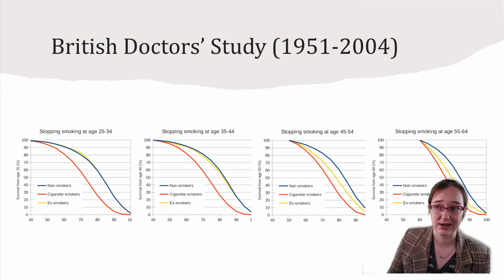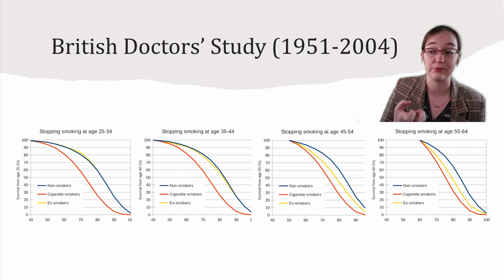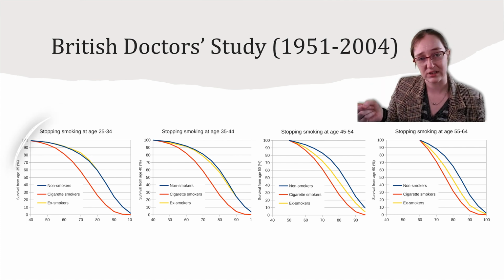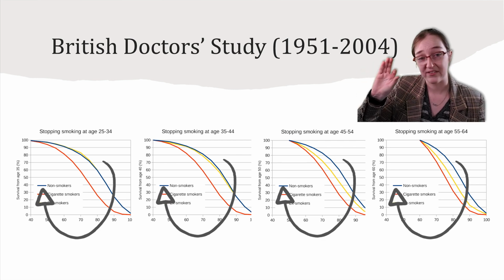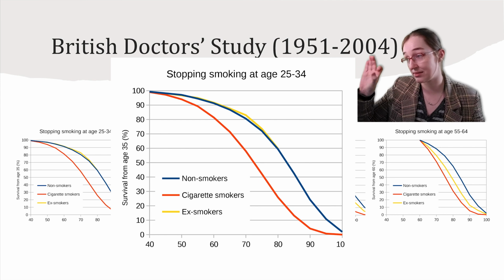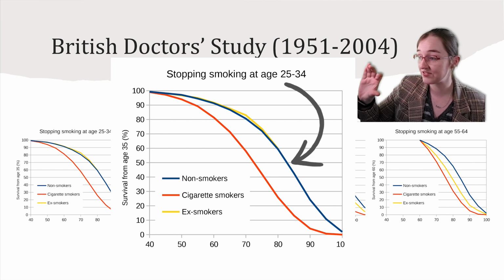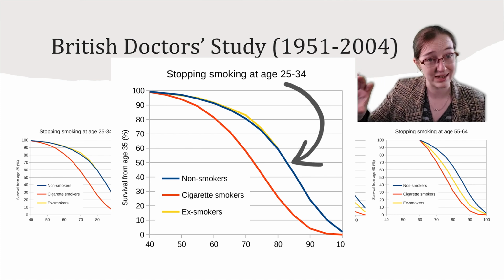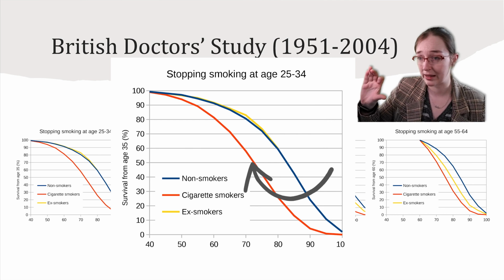So let me illustrate. Here we are comparing fatality rates. We look at the first figure, the blue line. We have non-smokers, so male doctors who never smoked. And we can see that their mortality rates did not meaningfully differ from those who stopped smoking before the age of 34, versus those who were still smoking at every given age.